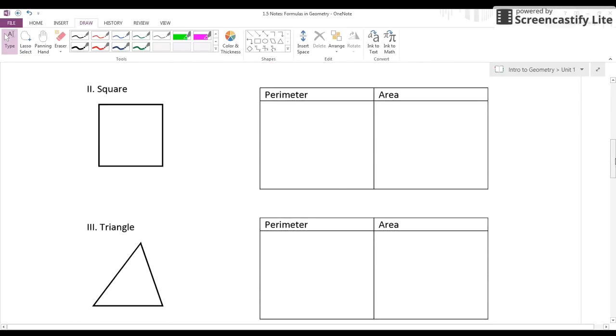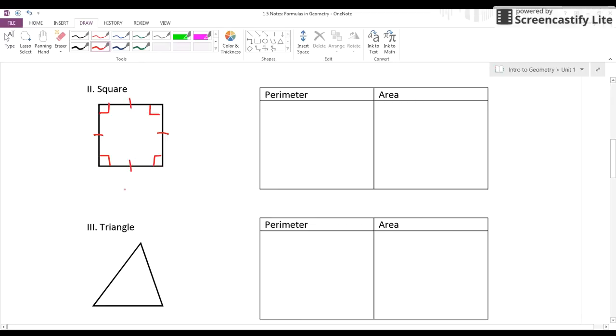Squares, some of you may remember or some of you may know, are just special rectangles. So they share a lot of the same characteristics where all 4 angles are going to be right angles. They're all 90 degrees. Your opposite sides are congruent. But what changes between a square and a rectangle? Well, in a square, not just the opposite sides are congruent, but all 4 sides are congruent.